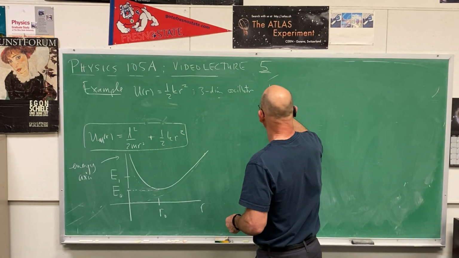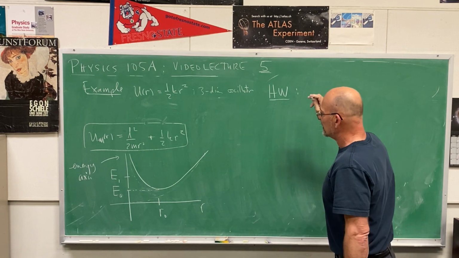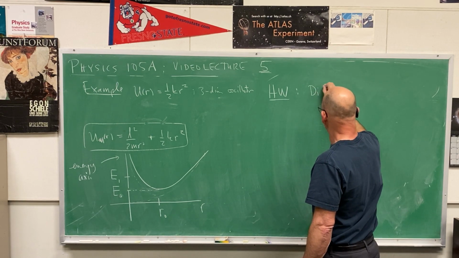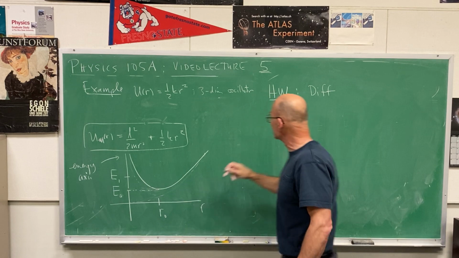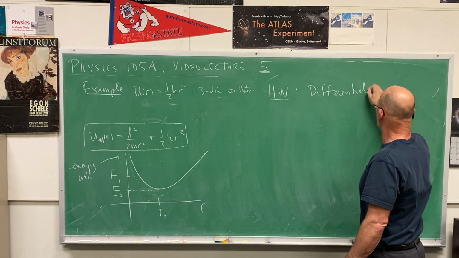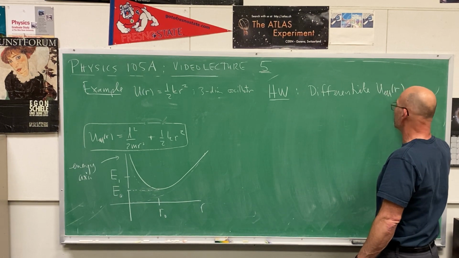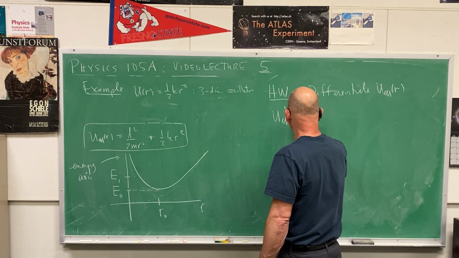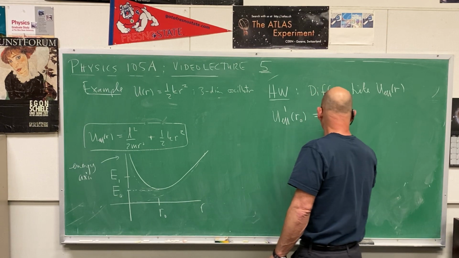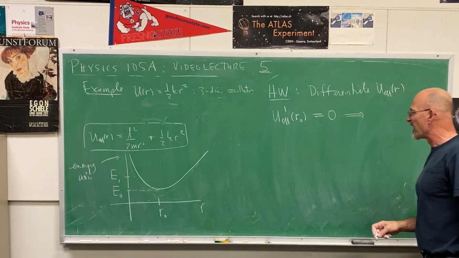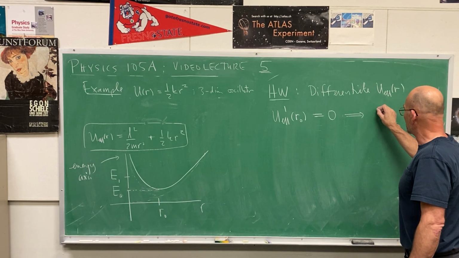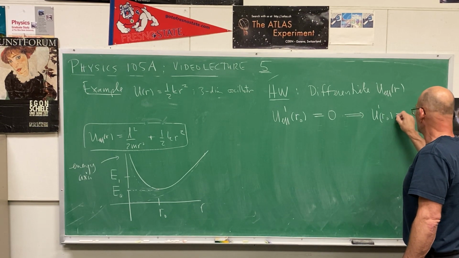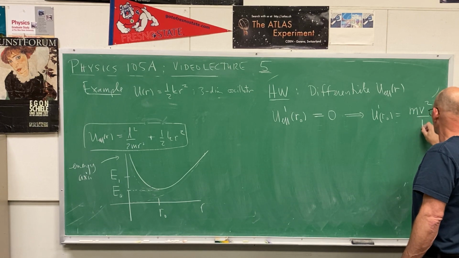Homework. Differentiate U effective of R. So U effective prime of R0 equals 0, and show that out of that we get U prime of R0 equals M V squared over R0.